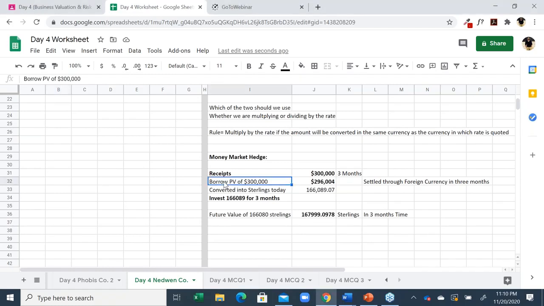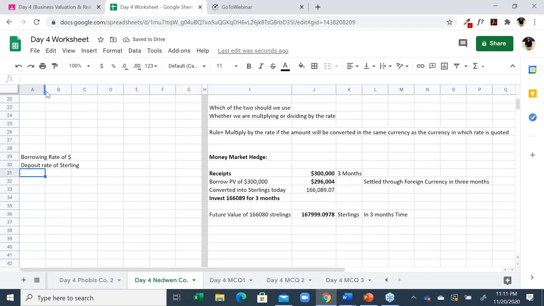We were borrowing in US dollars, right? So we need the borrowing rate of US dollars. Then we were investing in pound sterling, so we need the deposit rate of sterling.